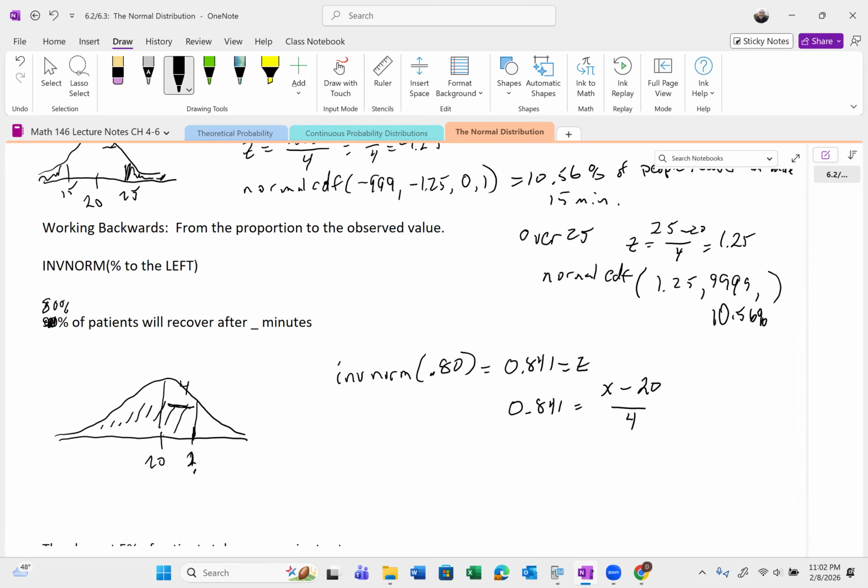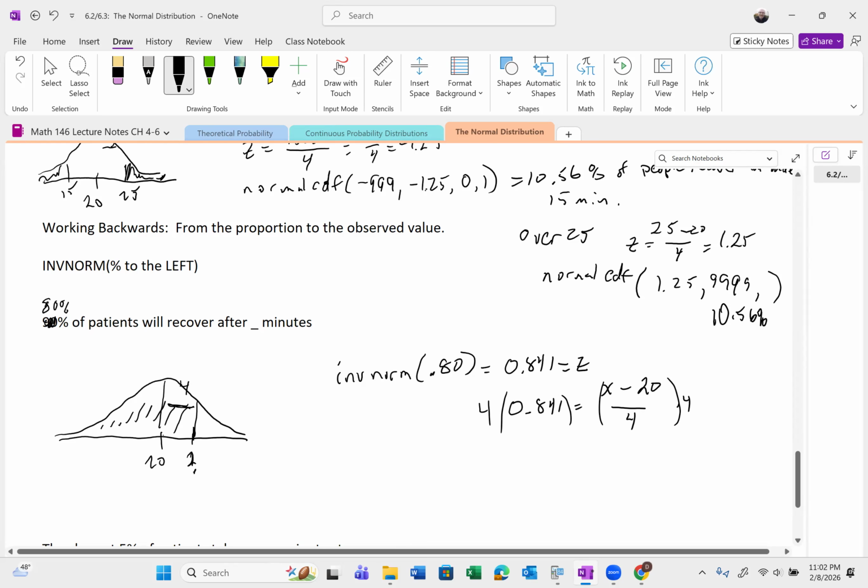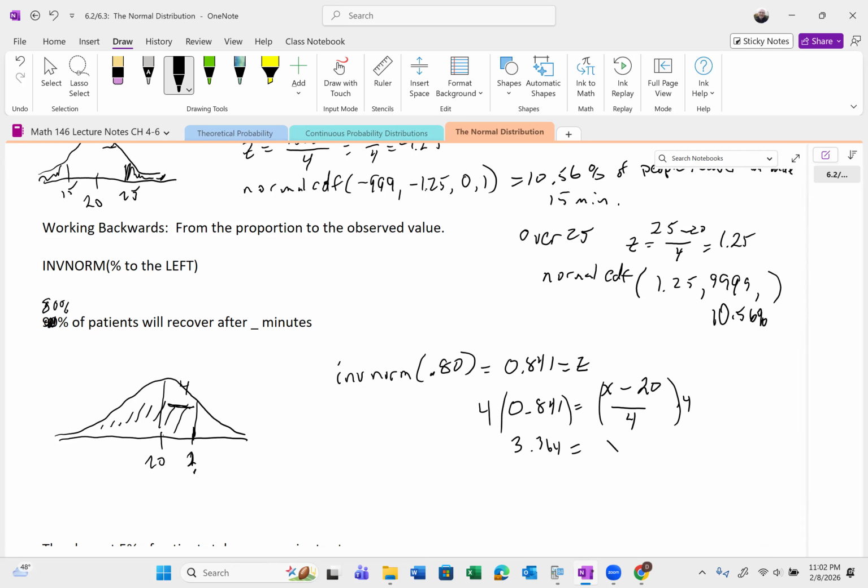Mean is 20, standard deviation is 4, and that gives me a little equation. I can do some algebra and solve for x. So multiply both sides by 4. Let's see, that's 3.364 is equal to x minus 20, and then you add the 20 to both sides, and x is equal to 23.364 minutes.